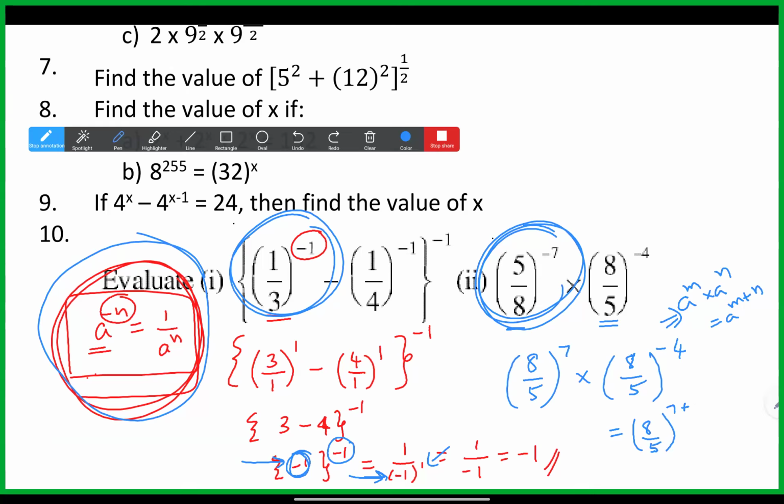So 7 plus minus 4, in brackets because the negative is there. So (8 by 5) whole power 7 plus of minus is minus, 7 minus 4. It will become (8 by 5) whole power 3. That is correct.